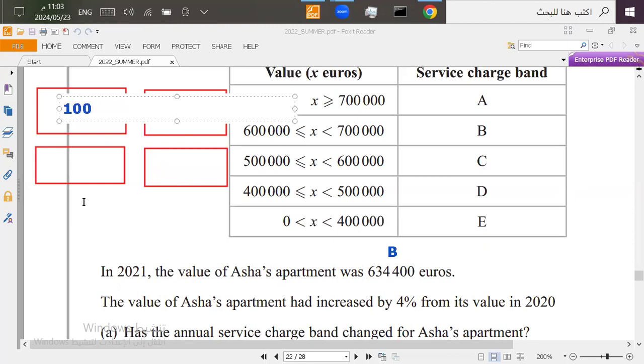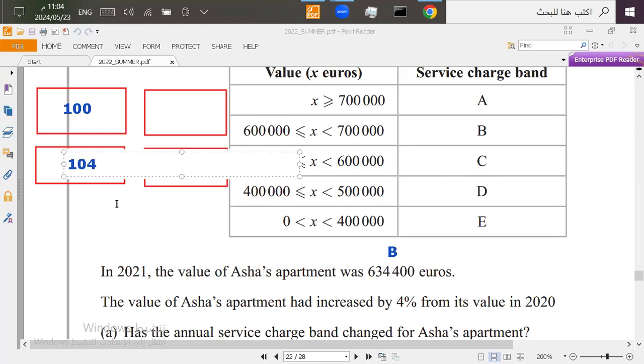We know that the new value, which is in 2021, has increased by 4%. It means the 104 is the new value, which is 634,400. Now, this is after the 4% increase.